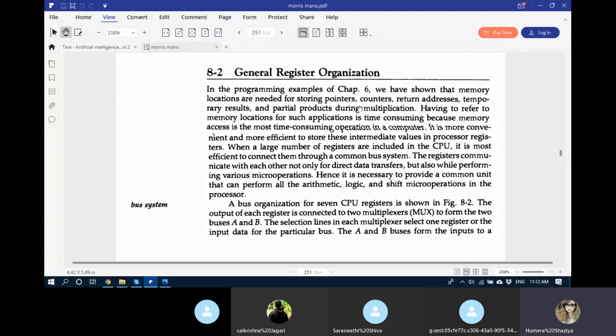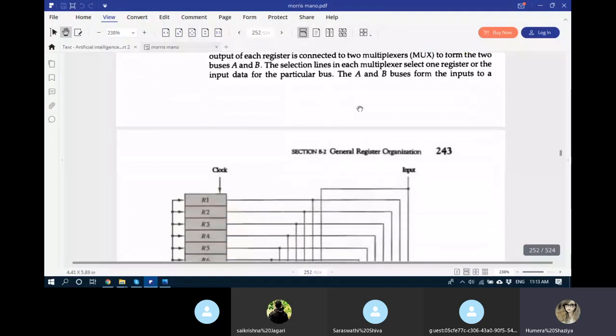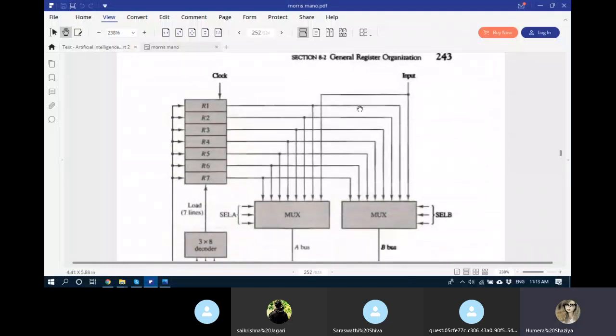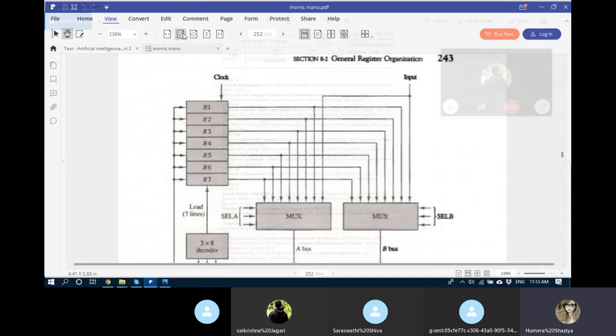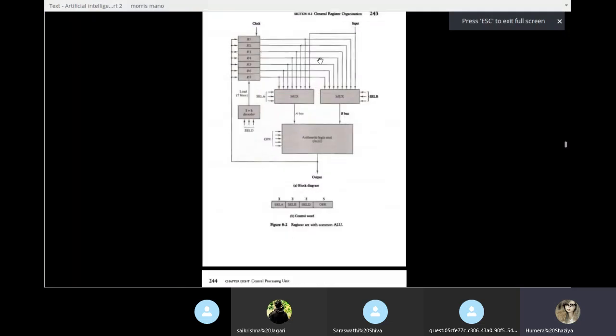And in chapter 8, in this current chapter, we will study general register organization. Those are specialized registers. Look at this general register organization. In this, how many registers are there?